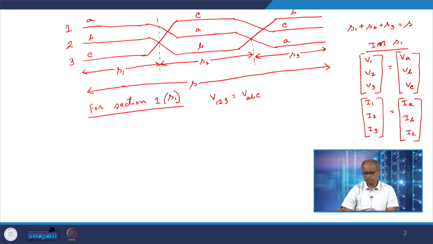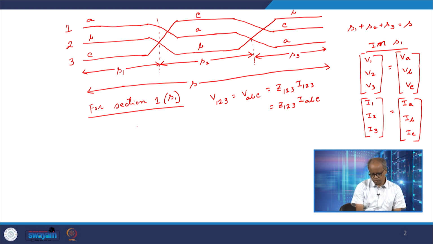So then for section 1, V1 2 3, which is equal to VABC, I can write down as Z1 2 3 into I1 2 3, which is Z1 2 3 into IABC. Now Z1 2 3 is basically a matrix of the impedances.